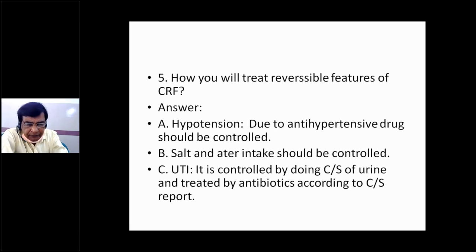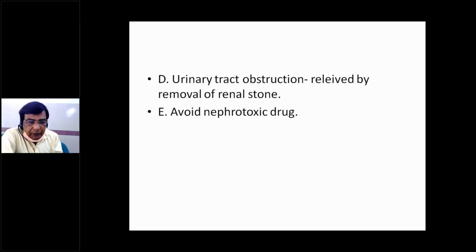Urinary tract infection can be treated by doing urine culture and treatment by culture sensitivity report. And urinary obstruction can be relieved by removal of renal stone and avoiding nephrotoxic drugs.